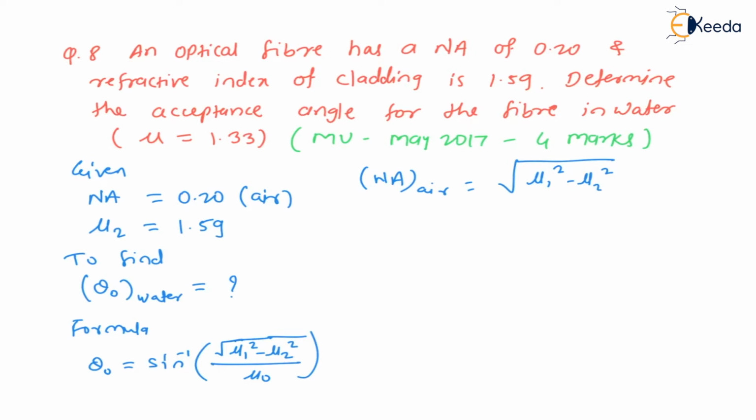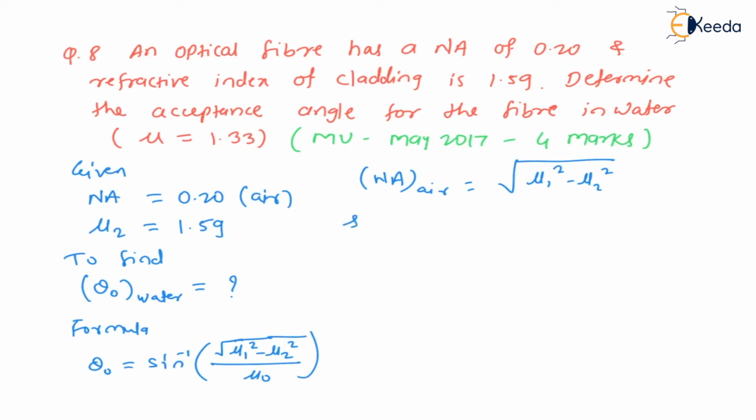We can also divide by mu naught, but we know the refractive index of air is 1, so this will be divided by 1, and we can easily eliminate that part. Here we know the value of NA for air medium, as well as mu2, the refractive index of cladding.